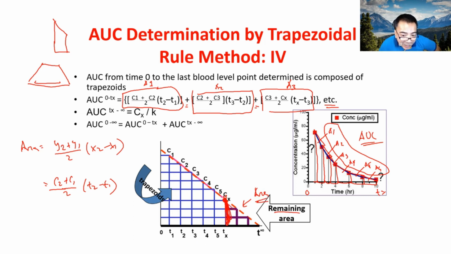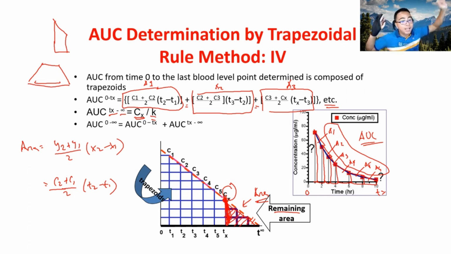Pagdating class sa area na to, yung natirang area na to, we call this the rest area or remaining area, we just assume that value. And to get that value, class, you just simply divide your terminal concentration, which is Cx, by your K. Whatever value you get there, class, that is the AUC from Tx to infinite time, meaning whatever time it may be. Okay?